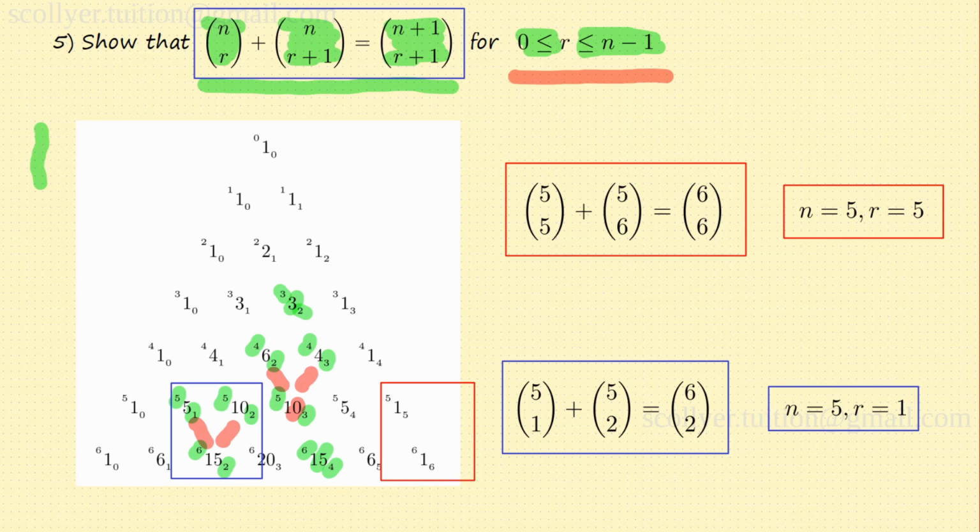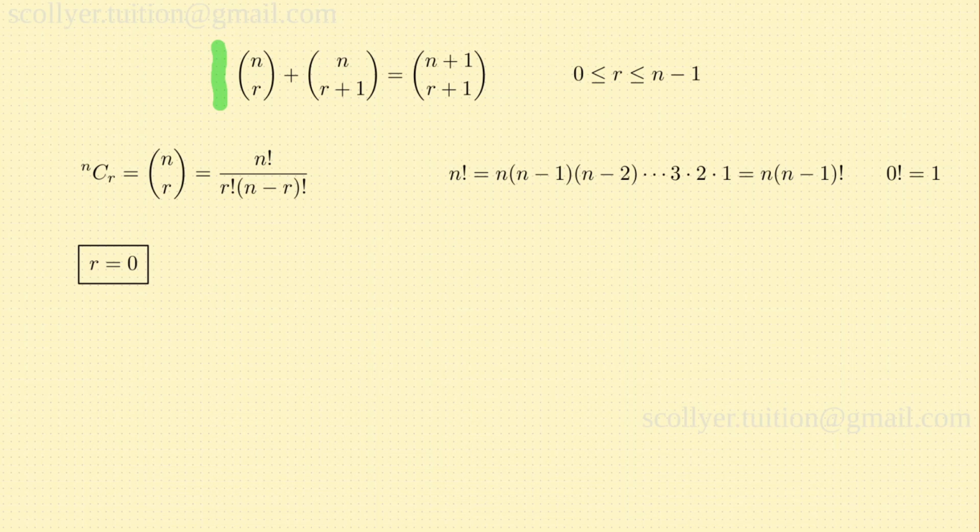We can take 5 choose 5, but we have nothing to add it to. 5 choose 6 is undefined and is not present in Pascal's triangle. So this restriction tells us that we cannot generate these values on this diagonal by using the relationship that we have to prove. We've noted that r ranges from 0 to n minus 1.